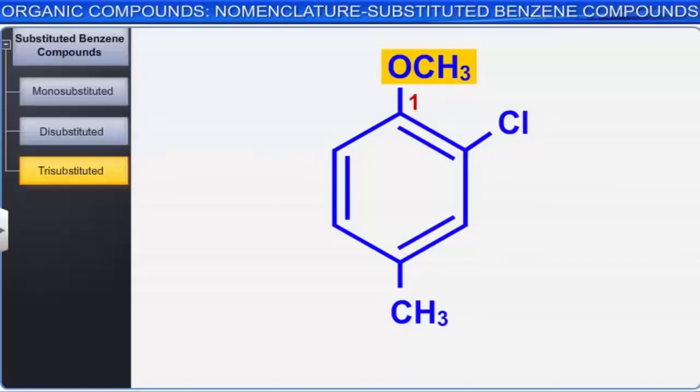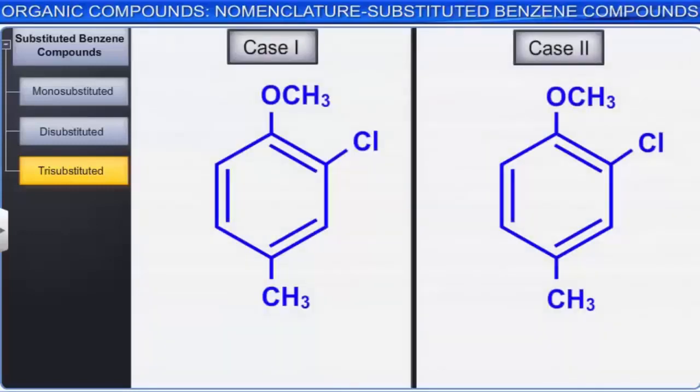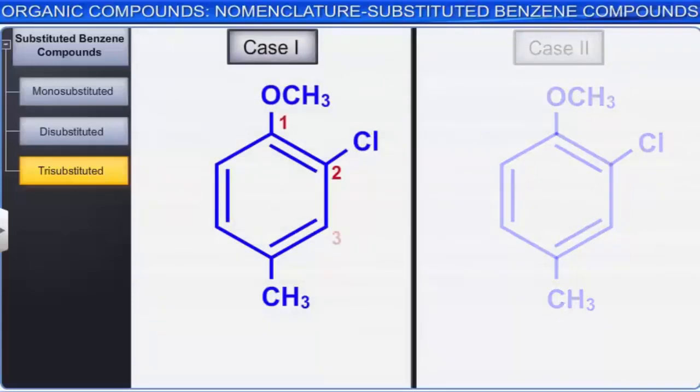Thus, the carbon bearing substituent of the base compound, methoxy, is assigned the number 1. Then, the direction of numbering is chosen in such a way that the next substituent gets the next lowest number. In case 1, the numbering is done in the clockwise direction. Thus, the next substituent gets the position 2.